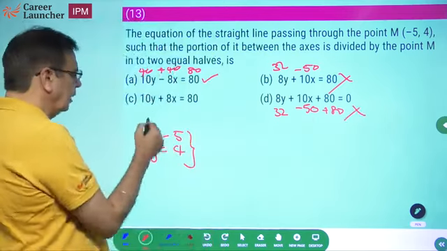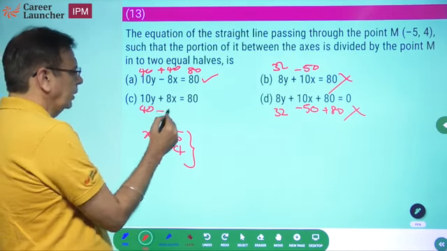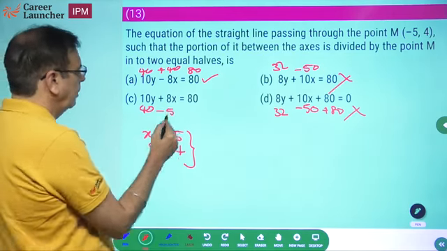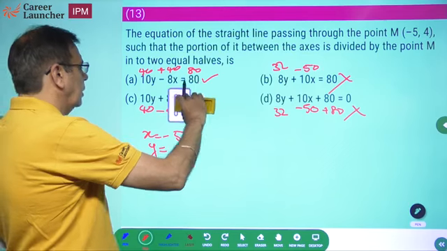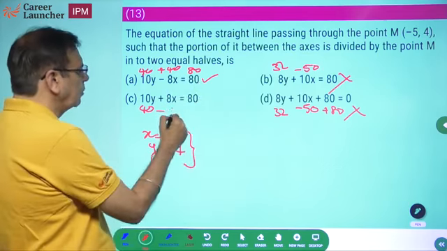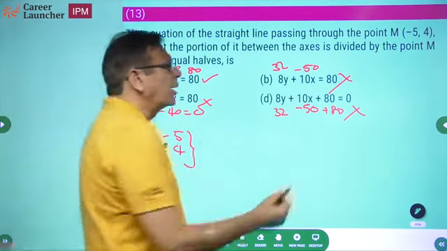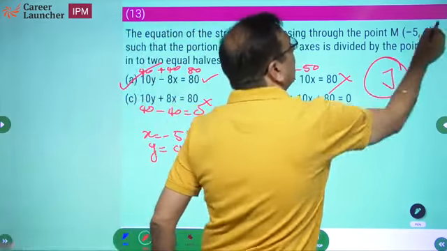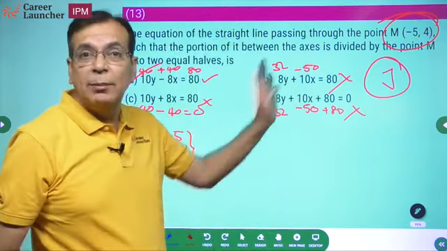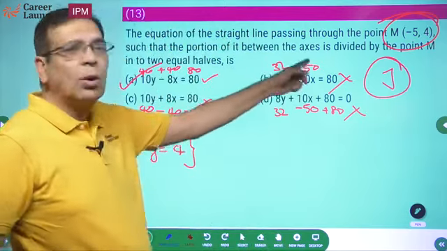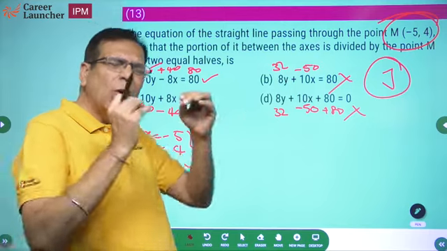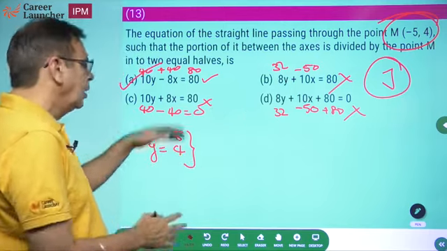And what is this? 10y will be 40, 8 into -5 is -40, so 40 minus 40 is 0. Not the correct answer. This is what is called jugaad: whatever little information you have, use that to eliminate choices, and that is what I've done. I don't know what the second part of the question says, but it doesn't matter to me. I needed the answer, which I have got.